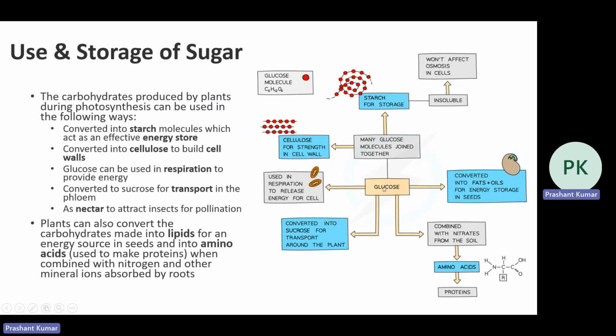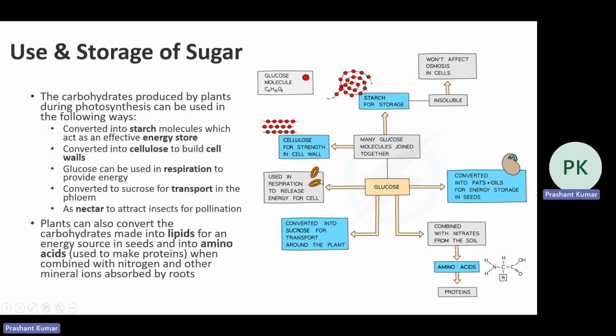If you can see on the left side, I have shown that glucose is being used in many forms. Take example number one: glucose is converted into starch, and it is stored in the cell as an effective energy storage molecule. Or the glucose may be converted into cellulose to make the cell walls.